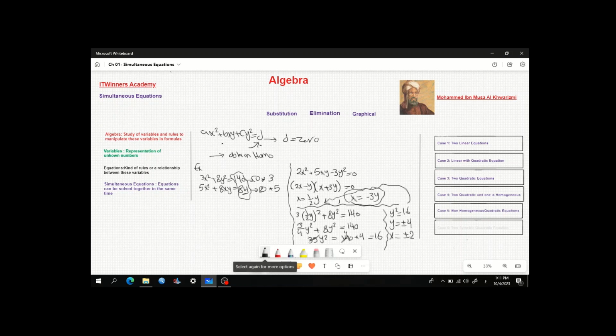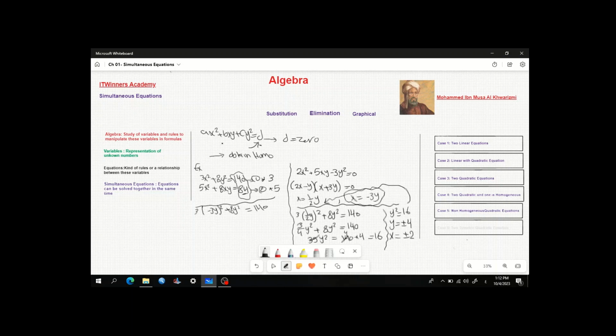Okay, now I have 3x squared minus 3y squared plus 8y squared equal to 4.